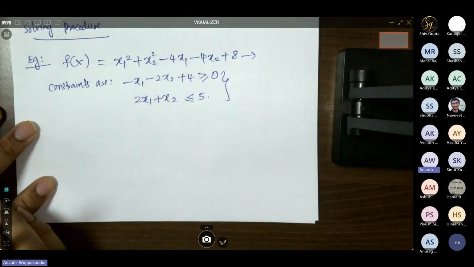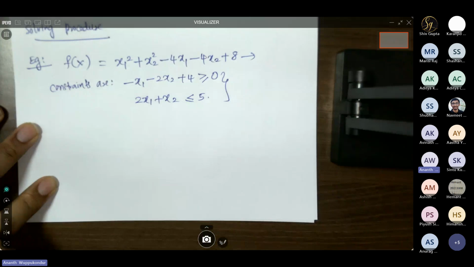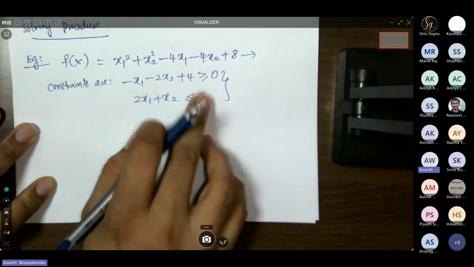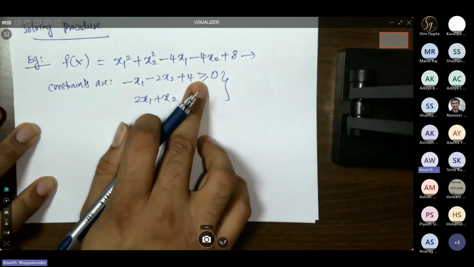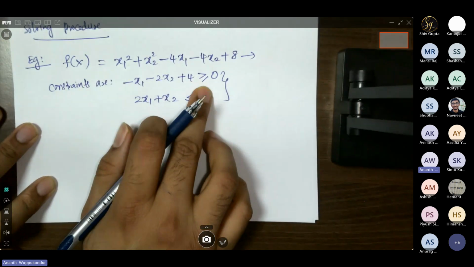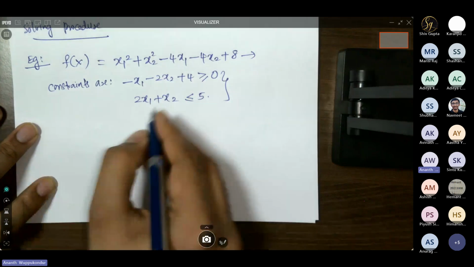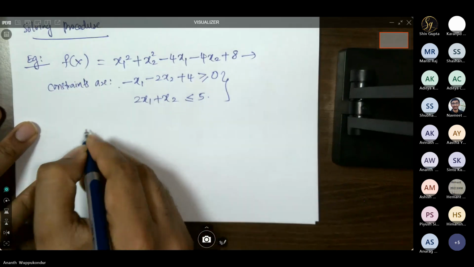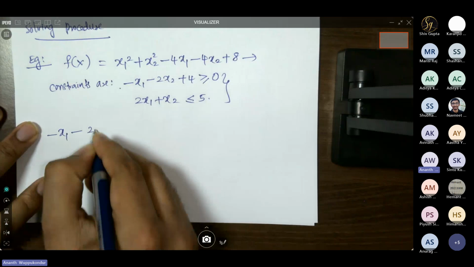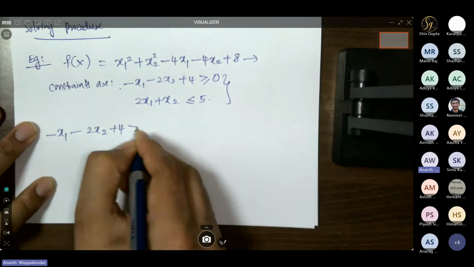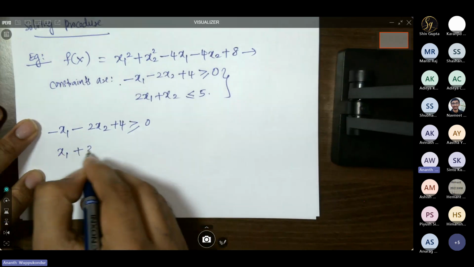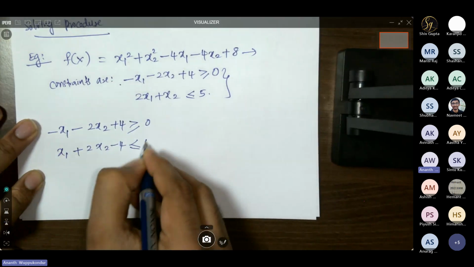Now, as I said, here we have two constraints, and we want to first eliminate the inequality. To eliminate the inequality, we need to bring in some variable s1 so that this greater than or equal to 0 becomes an equality. So I'm going to rewrite this constraint again. We have minus x1 minus 2x2 plus 4 greater than or equal to 0, or you could say x1 plus 2x2 minus 4 is less than or equal to 0.